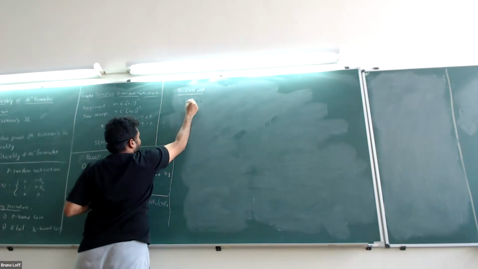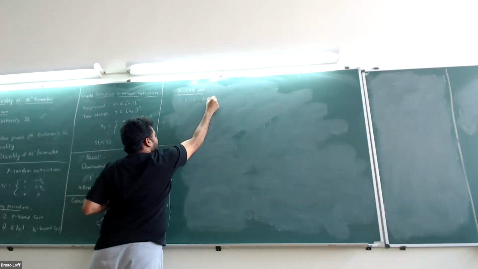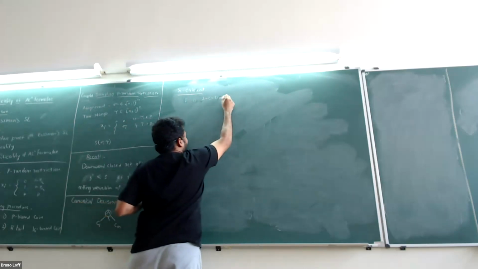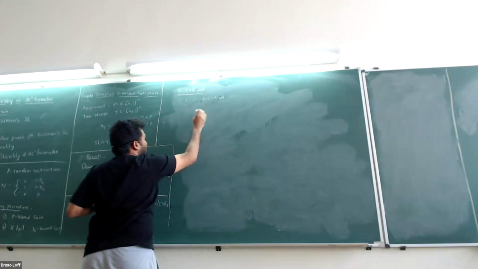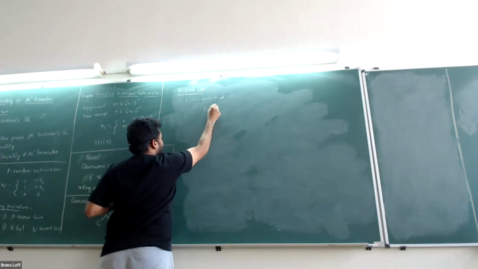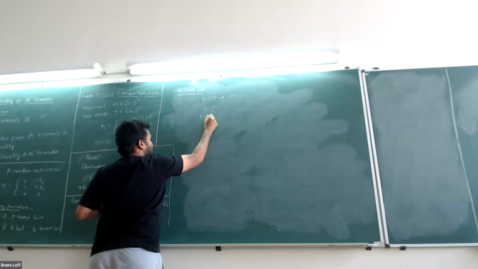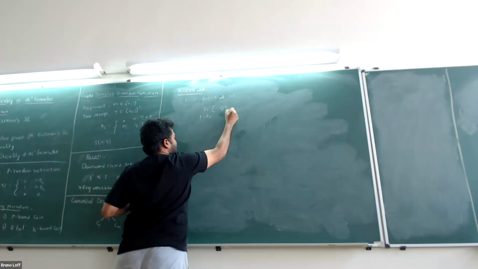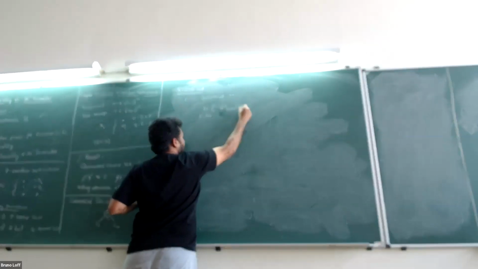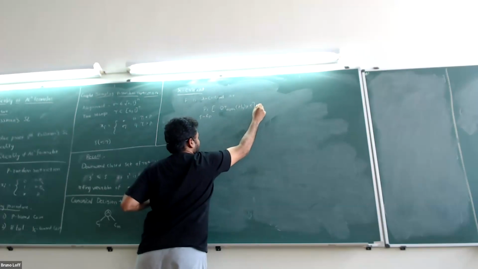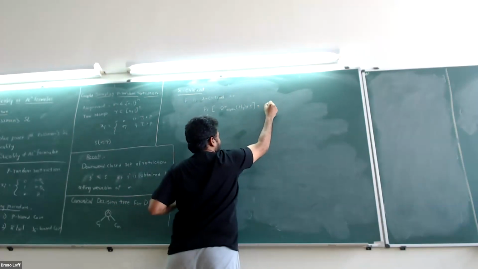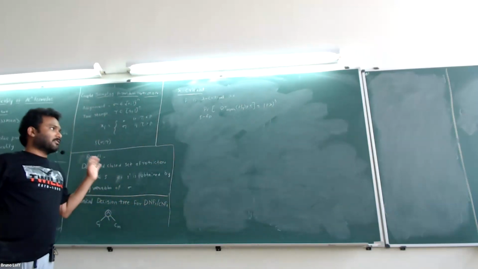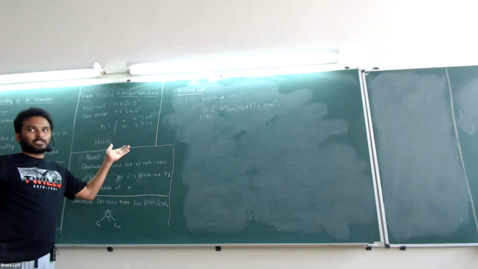So, a Boolean function f is lambda critical if you apply a random restriction on it. This definition is completely inspired by the switching lemma statement.